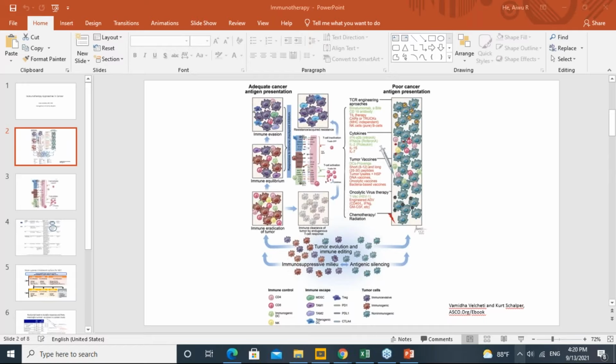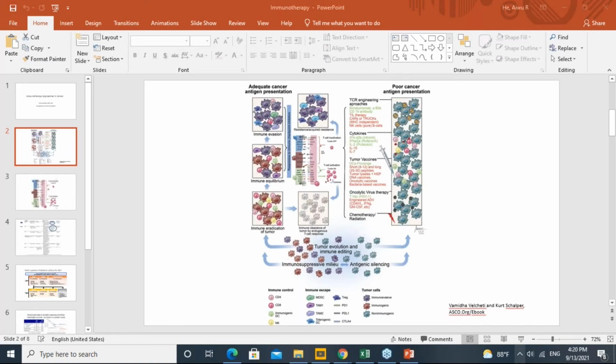If there's poor antigen presentation, there are many approaches, such as tumor vaccines. Basically you identify a specific tumor antigen that's very immunogenic, or you attach a tumor antigen to an immunogenic molecule and try to trick the immune system into fighting that tumor antigen.